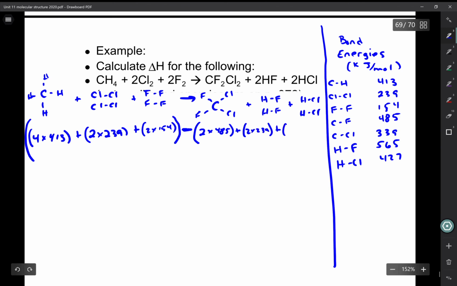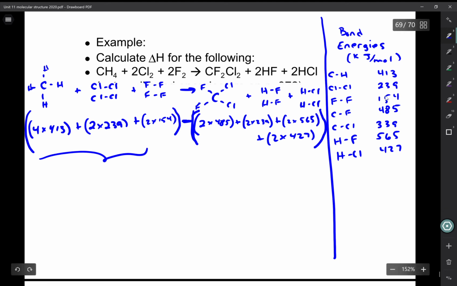Plus 2 HF bonds, so 2 times HF, it's 565. Plus 2 HCl bonds, so 2 times HCl, it's 427. We're going to add all those together. Using a calculator, for the reactants you should get 2438.